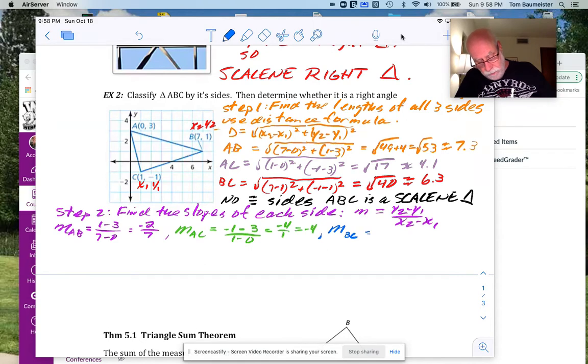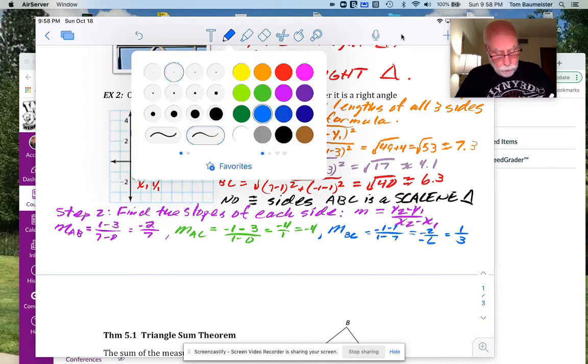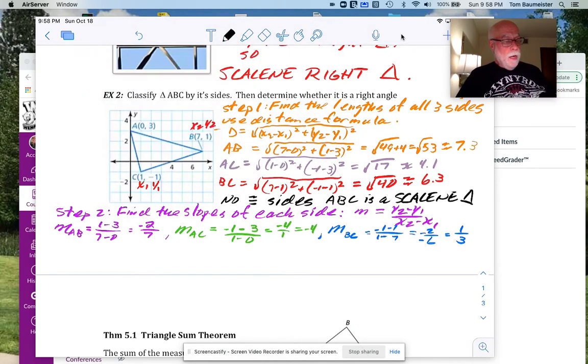On that one there, I'll have negative 1 over 1 minus 7, which is negative 2 over negative 6, excuse me. And remember, you should always reduce. So that'll reduce to 1/3 because a negative divided by negative is a positive, right?